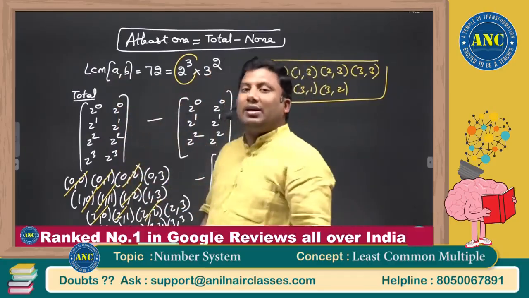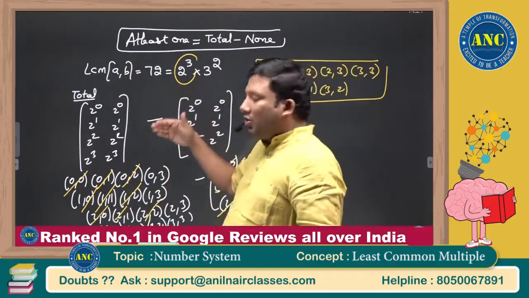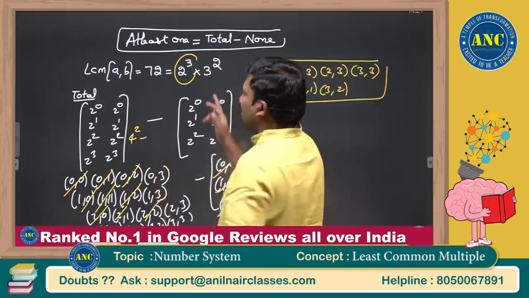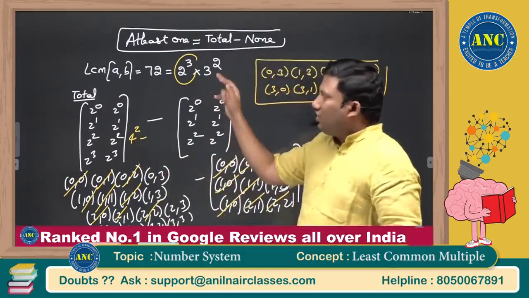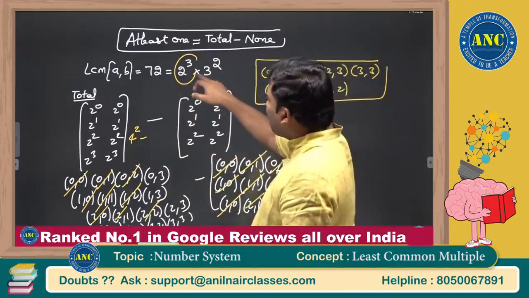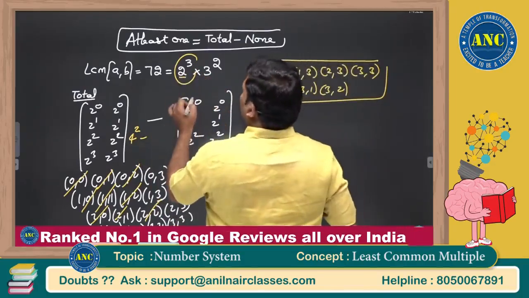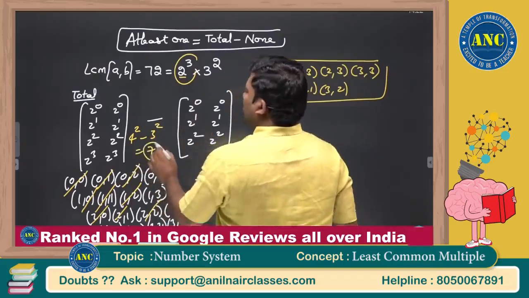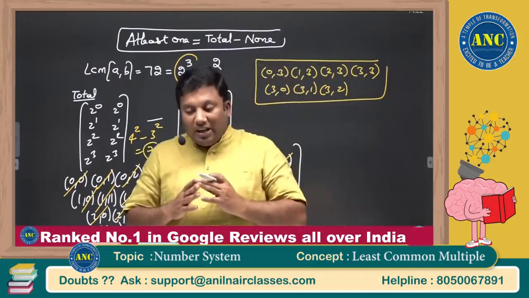Similarly, B also can take 2 power 0 to 2 power 3. So, 4 square minus, next, 3 square. Next is arrange all the powers of 2 excluding the given one: 0 to 2, 3 cases, 0 to 2, 3 cases. 4 square minus 3 square, 7. I hope it is clear.